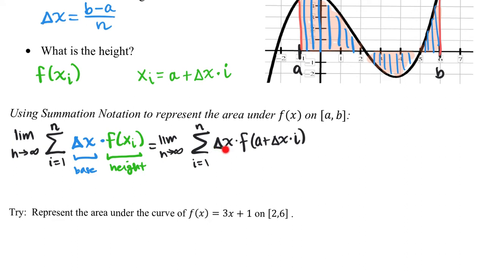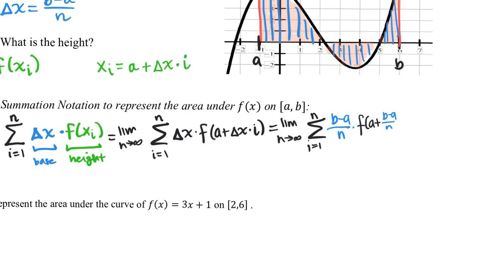So I'm going to change delta x to b minus a over n, and delta x to b minus a over n. And then that's delta x times i.